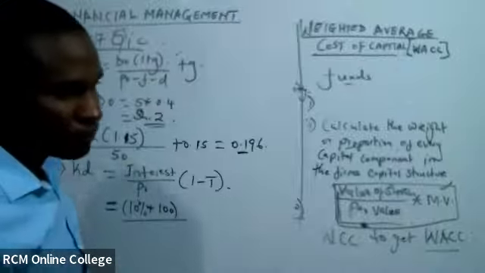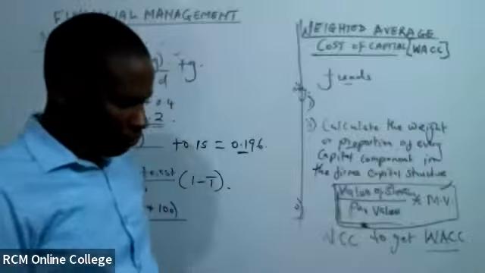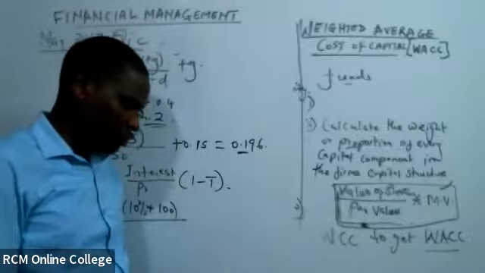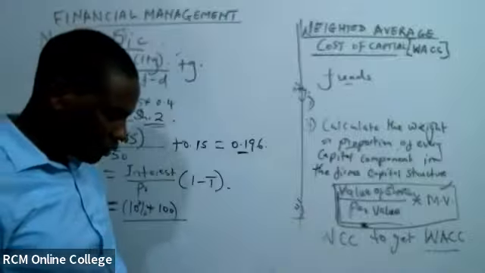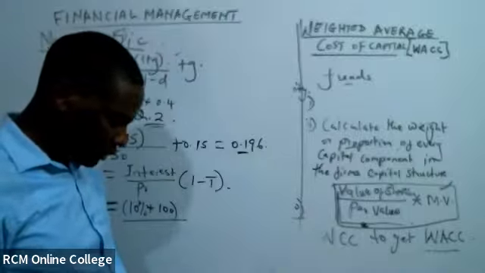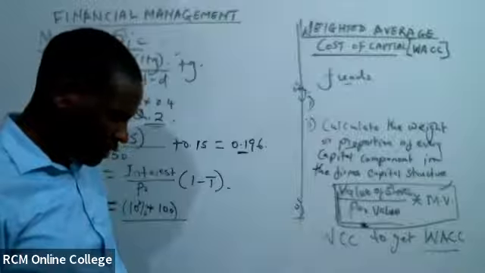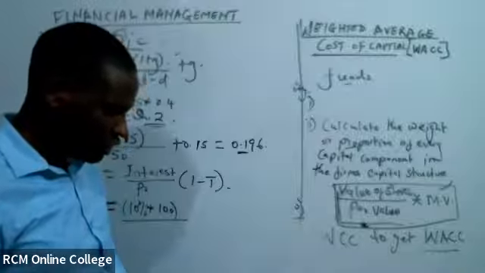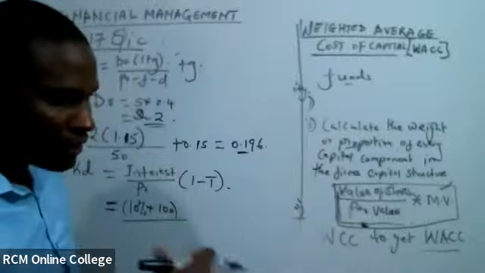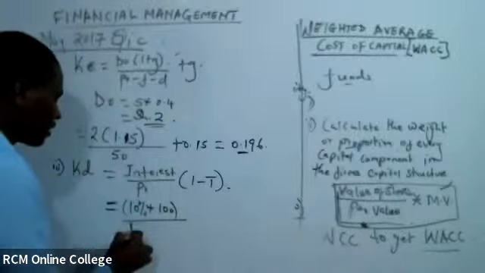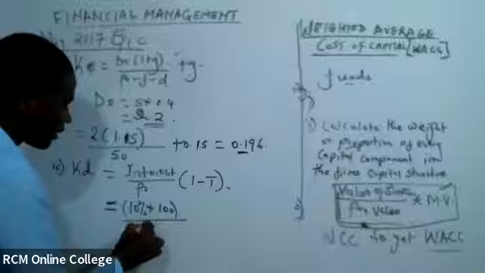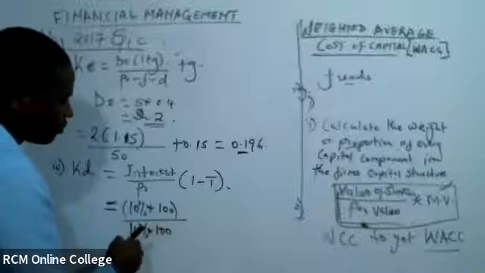In the additional information, the existing 10% debenture is currently trading at 110% of par. So it is 110% over 100, which will be 110.